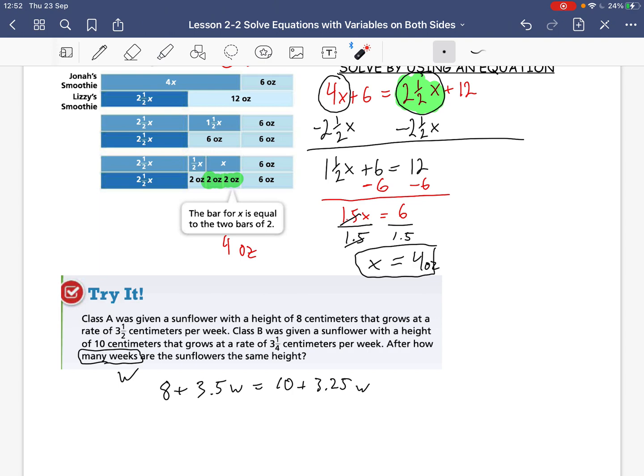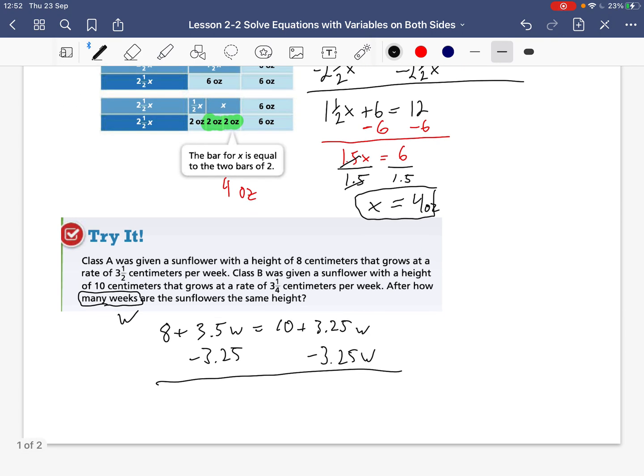We want to get our variable to the same side. So our variables here, 3.25W and 3.5W, are like terms. Which one is the lighter load? This one is the lighter load. So we will subtract 3.25W from both sides, moving that lighter load.